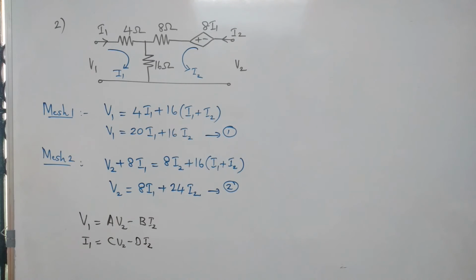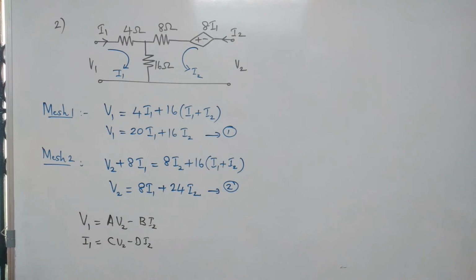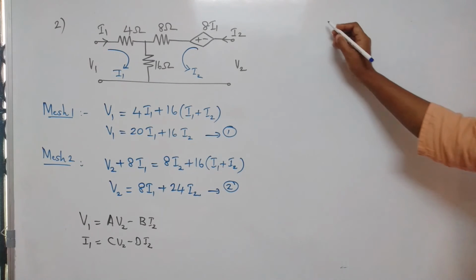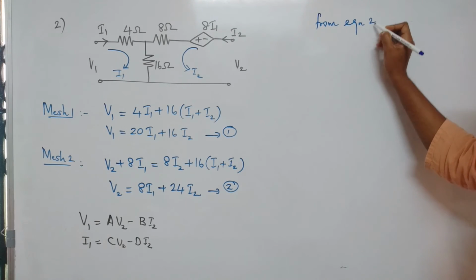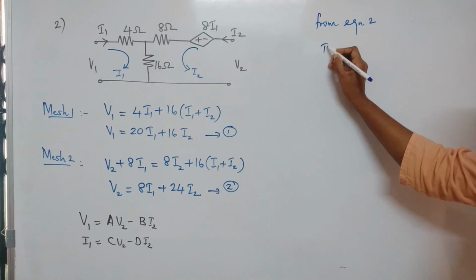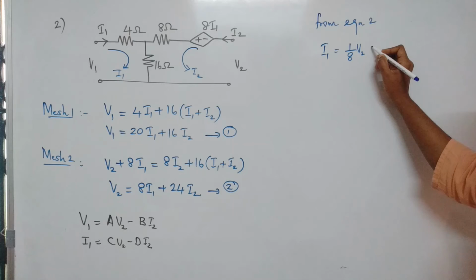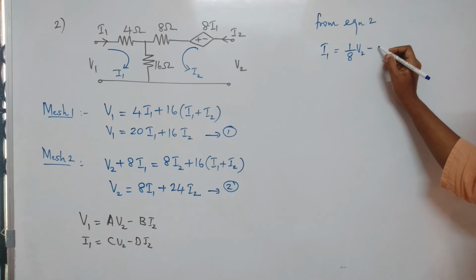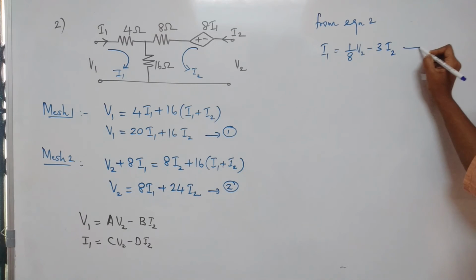Okay. So here we have I1, I2 and V2. So let's rearrange this. From equation 2, we can get I1 is equal to 1 by 8 V2 minus 24 by 8, that is 3 I2.